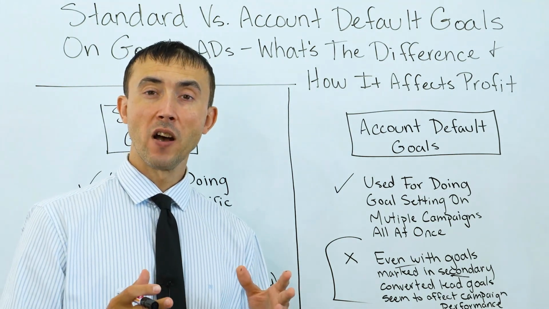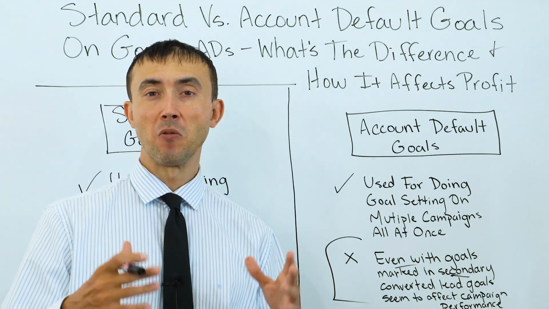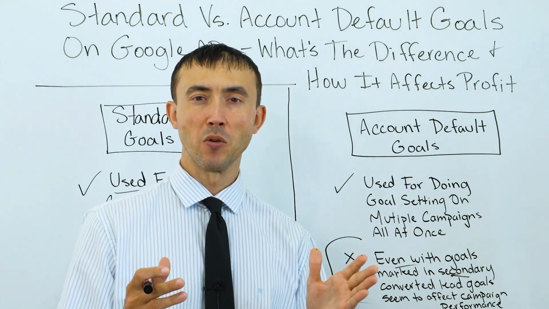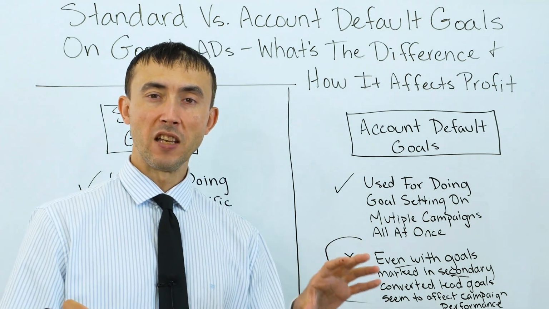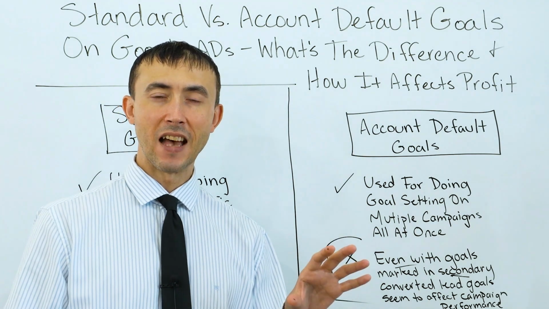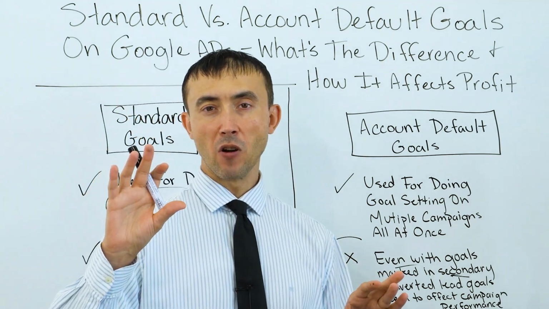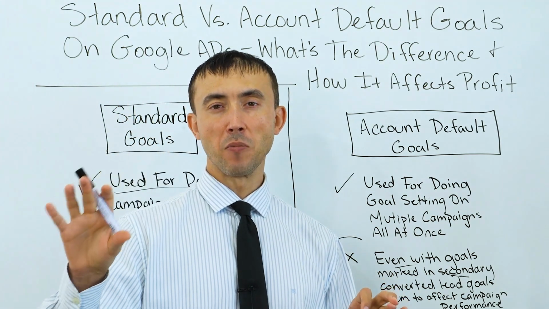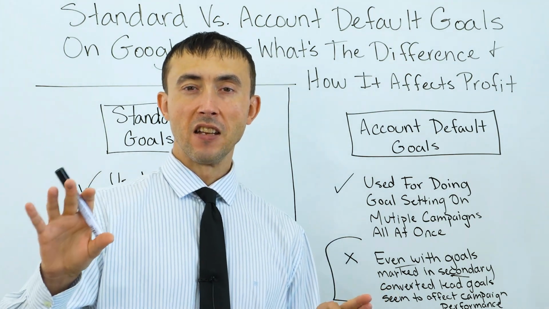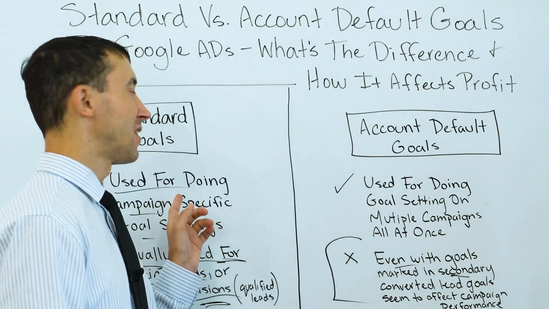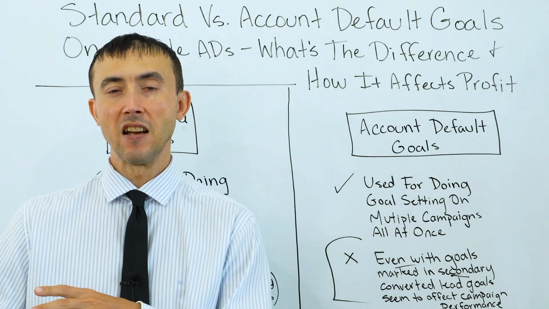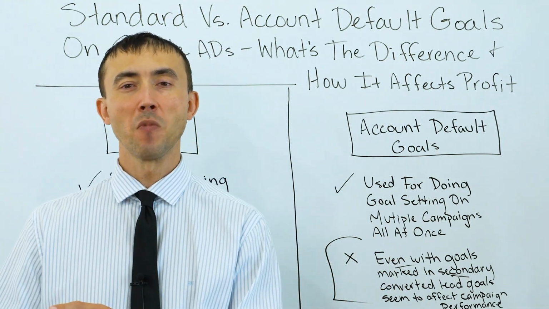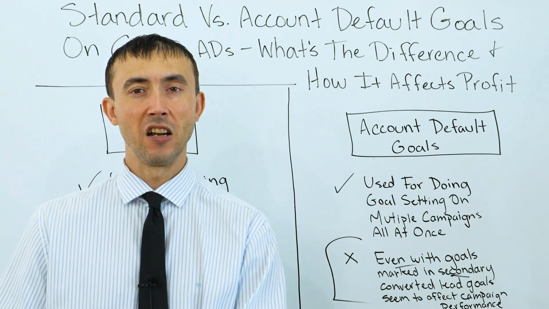So what I found is if you have an e-commerce site like what we have, going back to the architectural firm, if you're tracking qualified leads, in addition to leads that just come in, phone calls, form fills themselves, you want to have your offline goals that you set up to track whether the leads are qualified or not only in secondary, but as a standard goal, not an account default goal, because Google is still going to use that data for steering of the campaigns, even if those goals are marked in secondary.